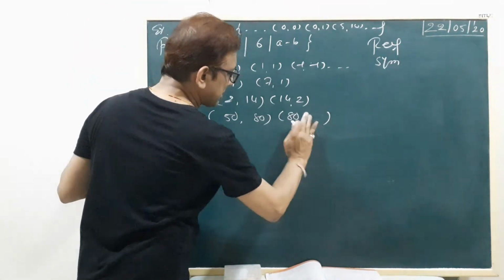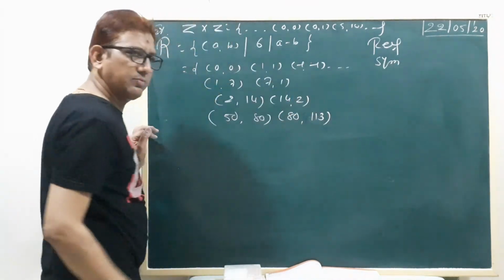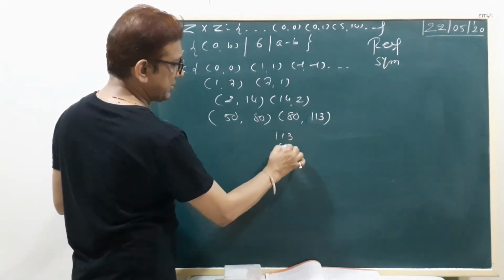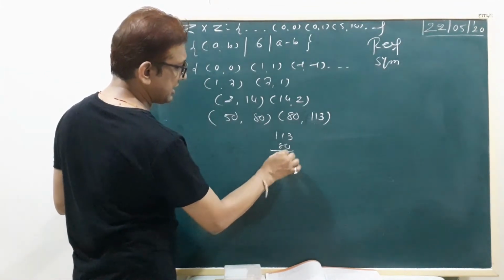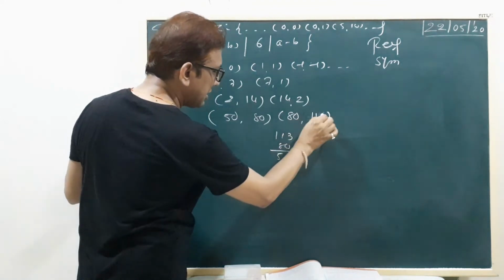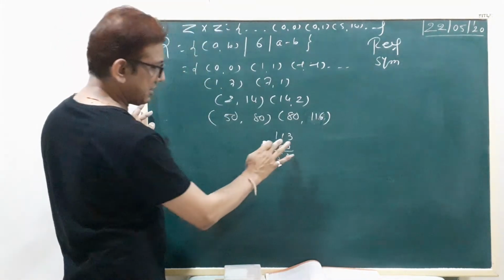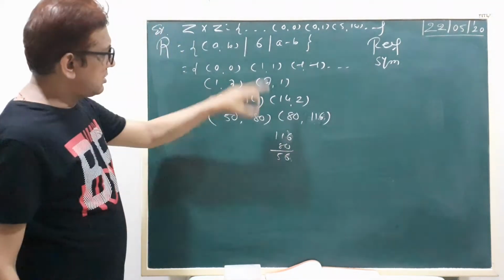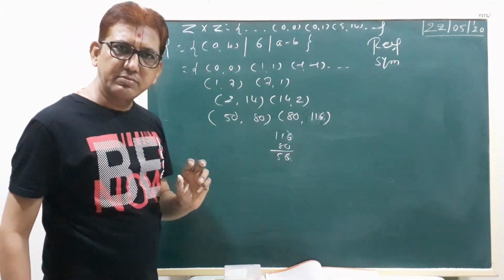Suppose 113. Check here, 113 minus 80. 11 minus 8, the difference is divisible by 6.